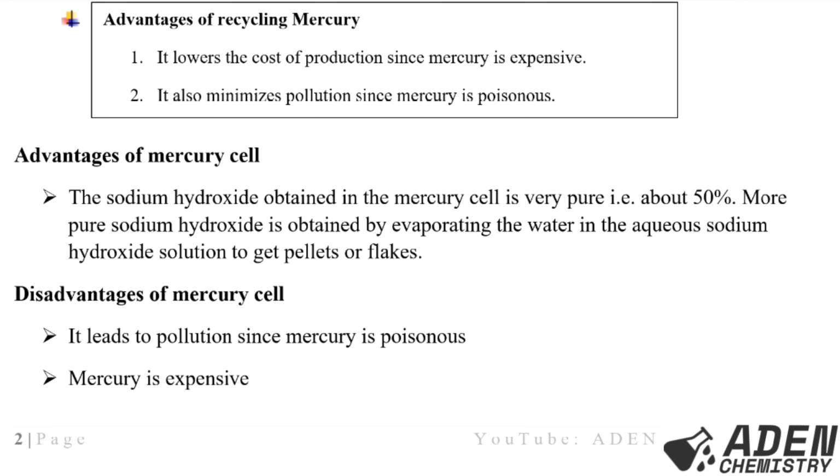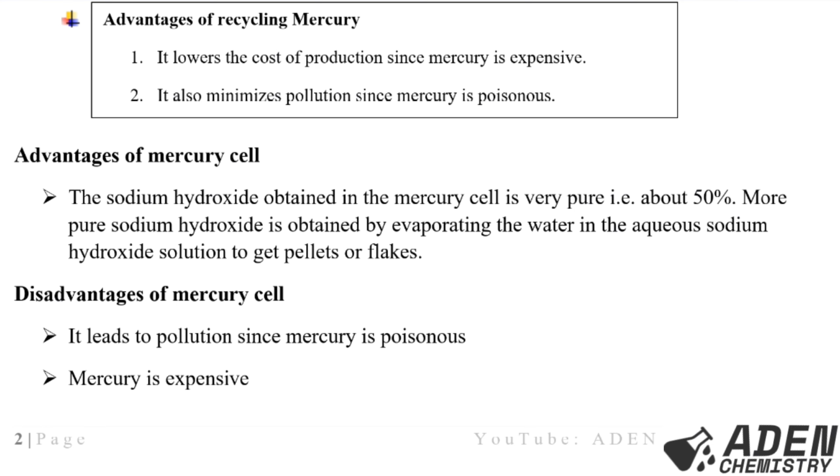So from there we are going to go and see the advantages of the mercury cell or the mercury cathode cell, and we are saying the sodium hydroxide obtained in the mercury cell is very pure. That's about 50%. So if you want to increase the purity of that sodium hydroxide, we are told more pure sodium hydroxide is obtained by evaporating the water in the aqueous solution of sodium hydroxide to get pellets or flakes.